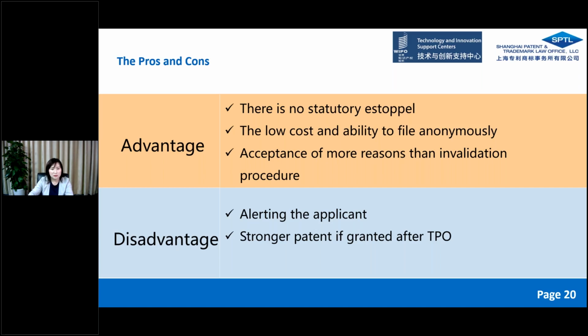But submission of observations also has some negative effects. Although it can be submitted anonymously, as there will be a record as the intermediate documents in the inquiry system, the applicants can still be alerted if they query in time.